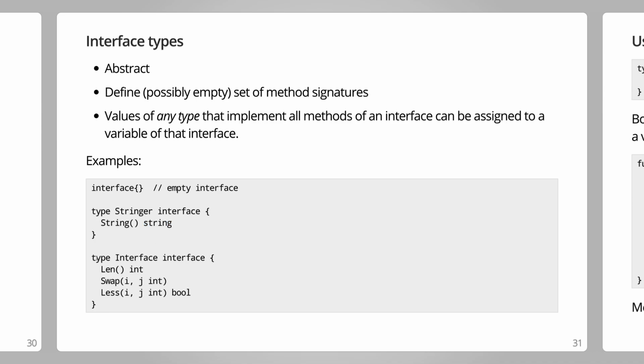Here is a bit more expanded interface called sort.Interface. This is part of the standard library. If you implement this interface, then you're implementing what's necessary in order to sort the values of the type that you're implementing this interface on.